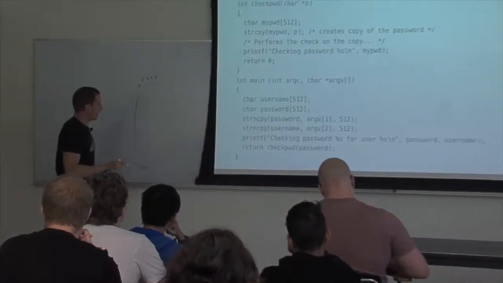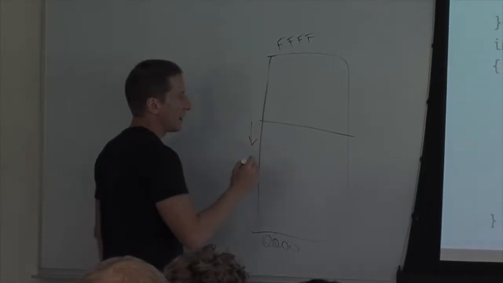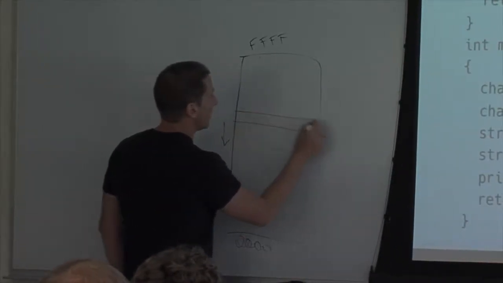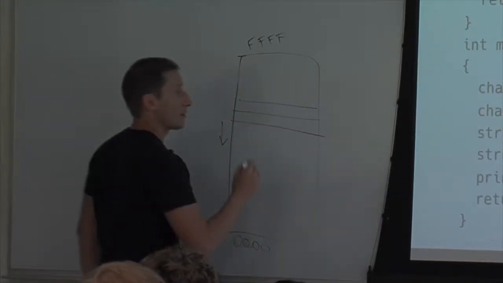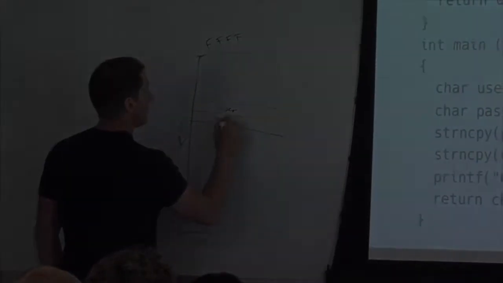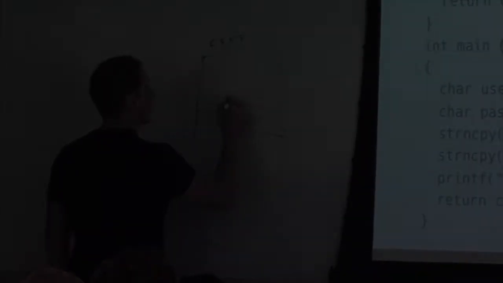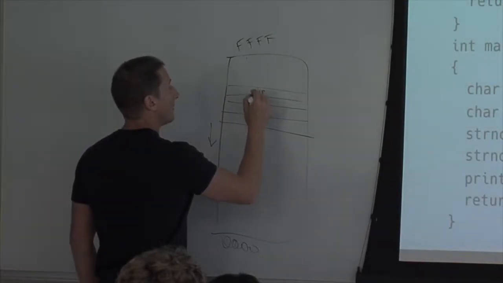So this is the stack, and it's of course growing this way. And here are the two variables, 512 each. So we have, let's say, username and password, okay? And this is the saved EBP, and the saved EIP, okay?